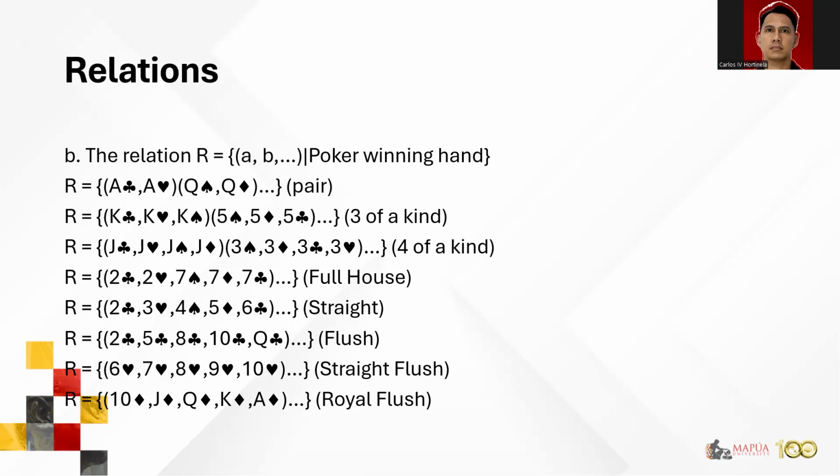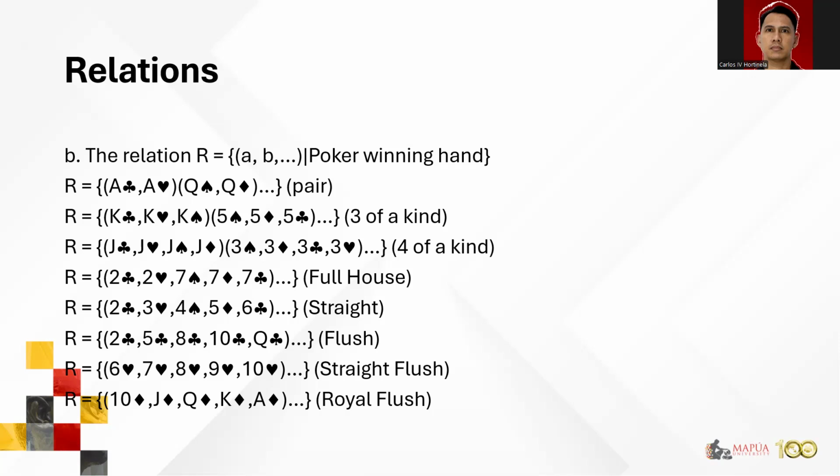The royal flush implies that you have the five highest value cards, namely the 10, the jack, the king, the queen, and the ace. And they all belong to the same suit, royal flush.